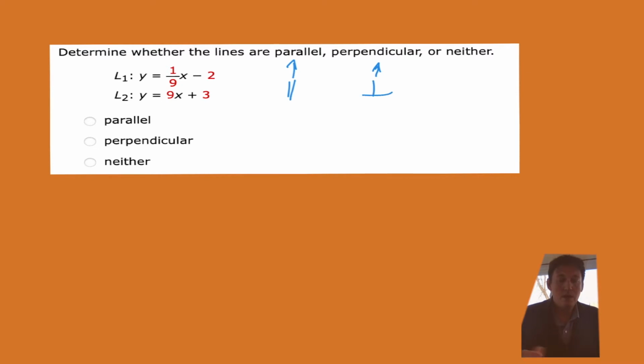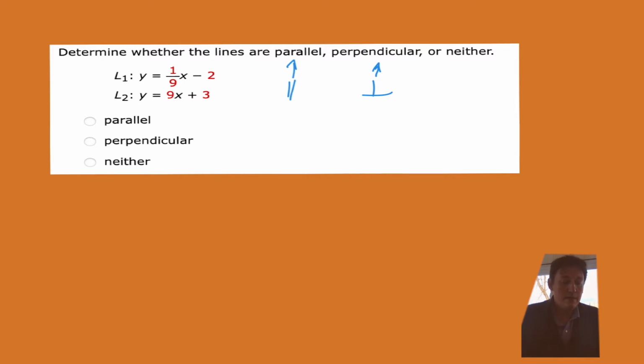Perpendicular lines exist when their slopes are opposite reciprocals. For example, let's say you have a slope of 1 over 2. An opposite reciprocal slope would be negative, and then you flip it, which makes it 2 over 1. So what you're looking for is signs that are different, and it's also flipped, so it's reciprocal. Neither obviously means that neither one of them applies.